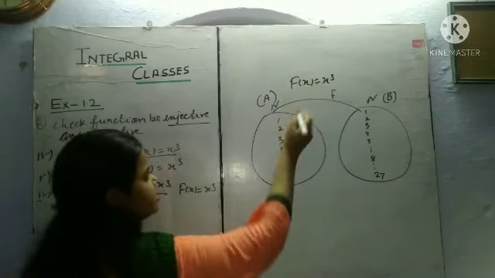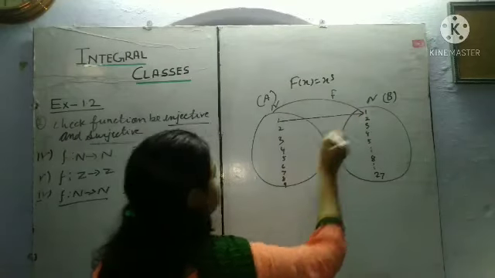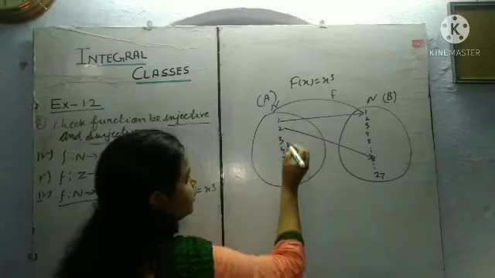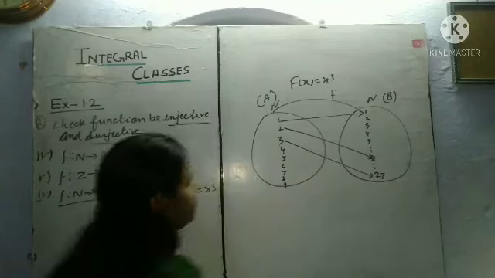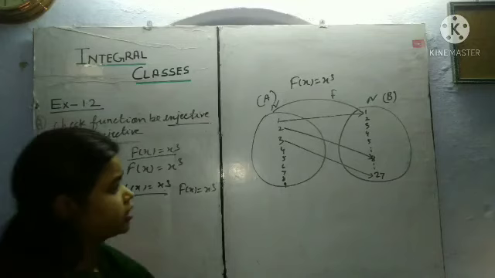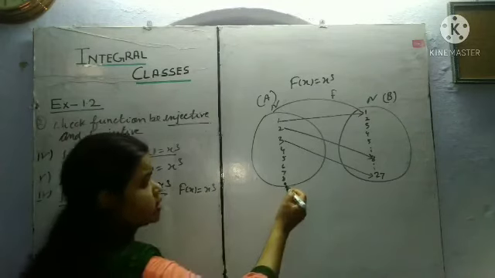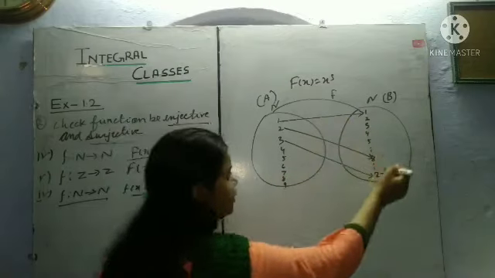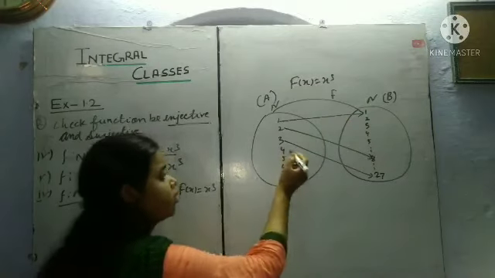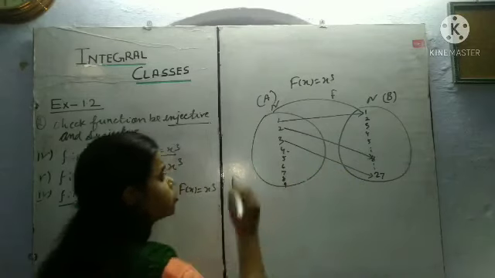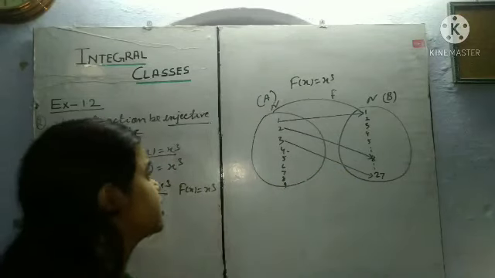Now put x equal to 1, then we will get image 1, then 2 gives 8 and 3 gives 27. So student, as we observe here, every element of set A has its unique image in set B. All elements have their image. 4 gives 64. So this type of function is one-one.